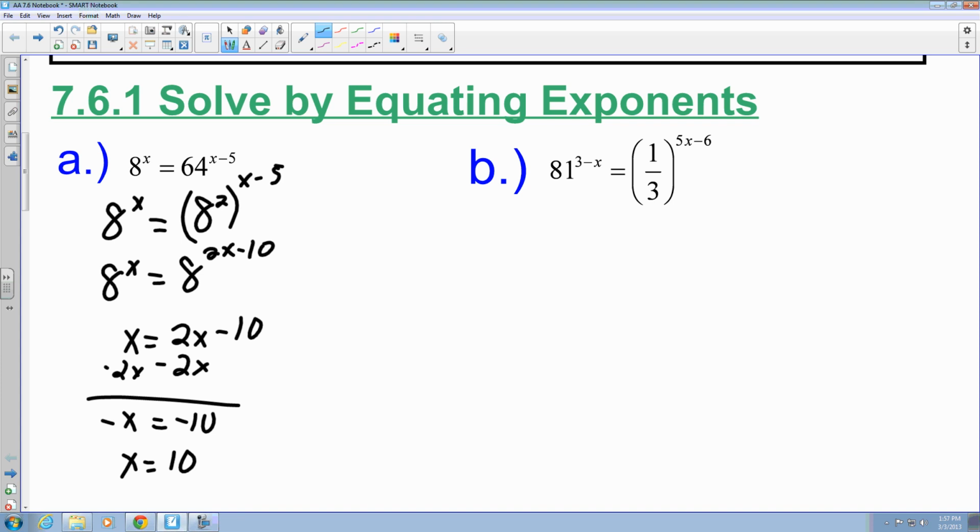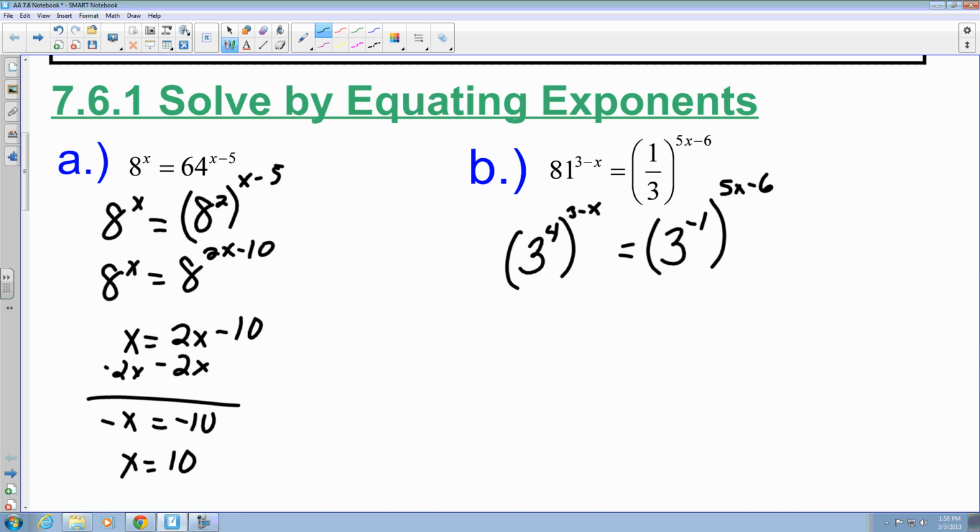Looking at example B, I have 1/3 and I have 81. I can take 3 to the 4th power, which gives me 81, and then tack on the 3 minus x power, which equals 3 to the negative 1 power, which I can then tack on to the 5x minus 6 power.